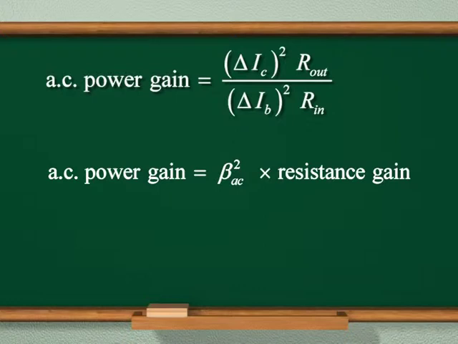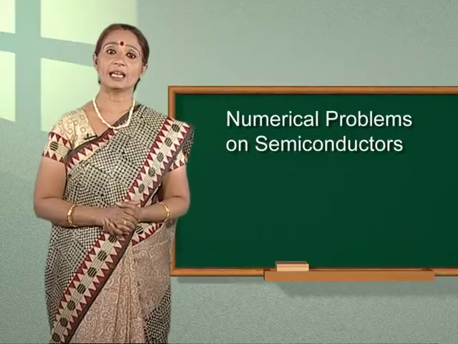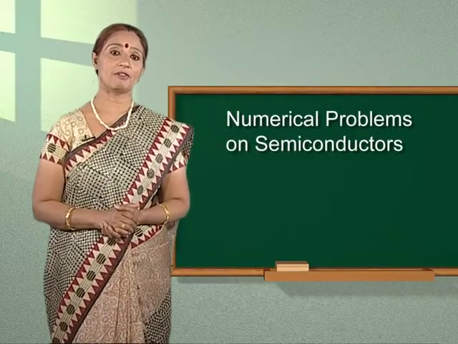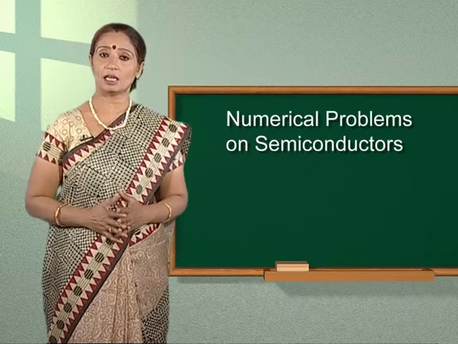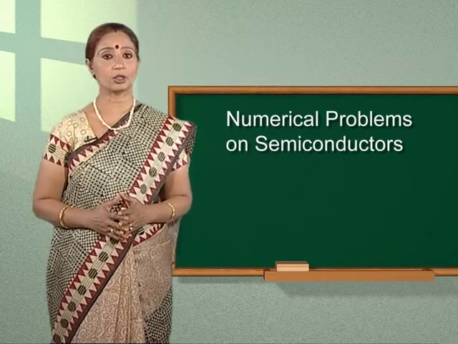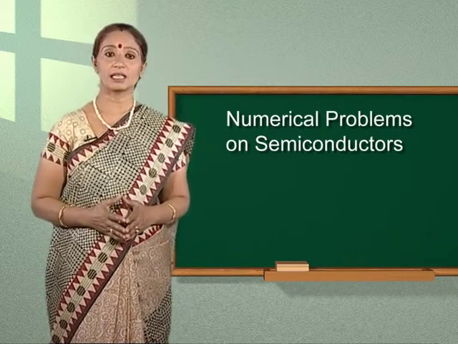Since beta AC square is always greater than alpha AC square, AC power gain in common emitter amplifier is very large as compared to that in common base amplifier.